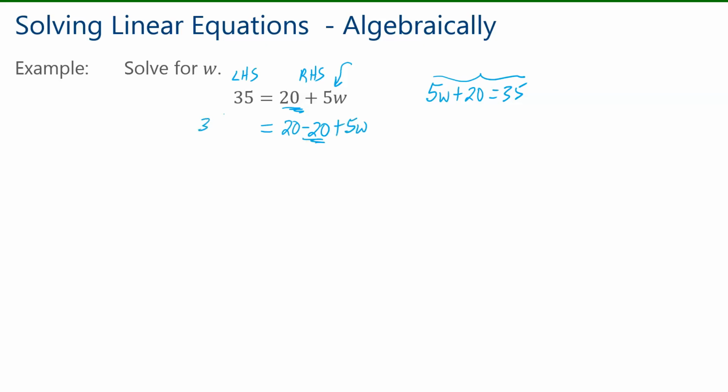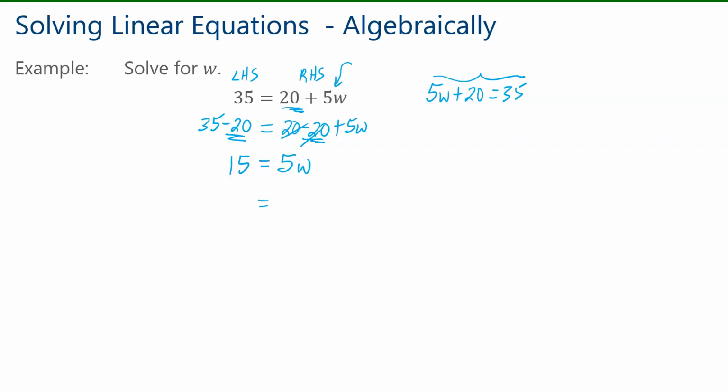Whatever I do to one side, I must do to the other. So on the left-hand side, I have 35 subtract 20. Bottom line, you have subtracted 20 from both sides of your equation. Alrighty, 35 subtract 20 gives us 15. 20 subtract 20 is nothing. We're left with 5w on the right-hand side. 5w means 5 times w.